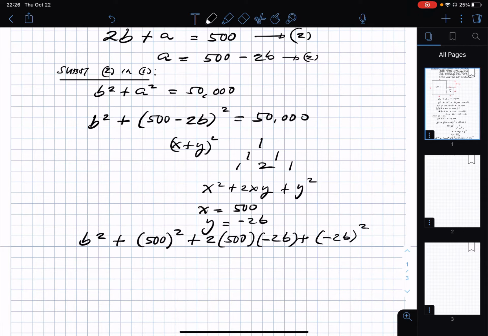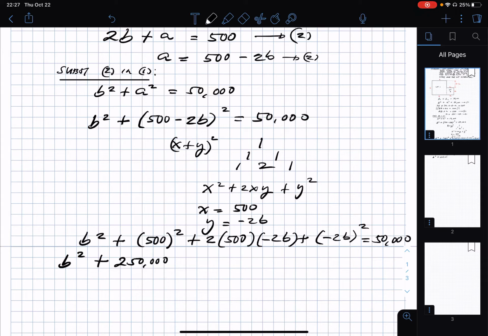Okay, equals 50,000. So simplifying terms, this will give you b squared plus 250,000.